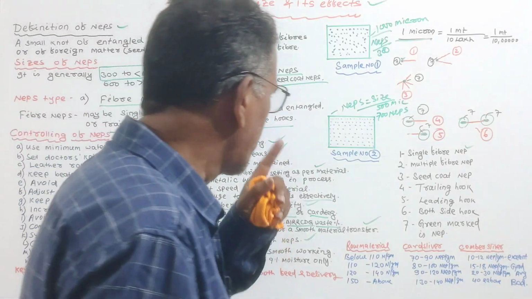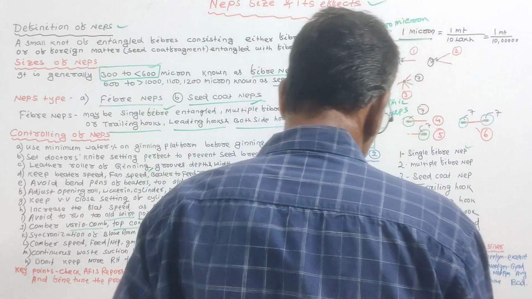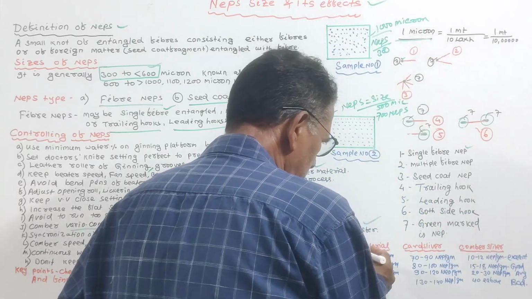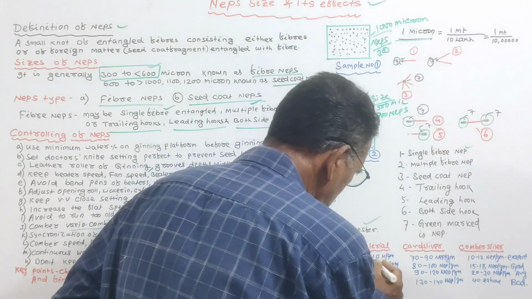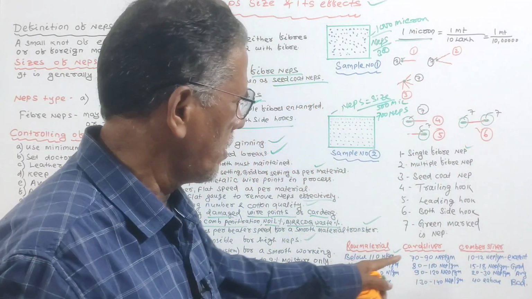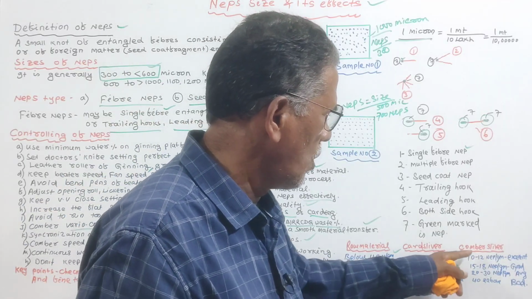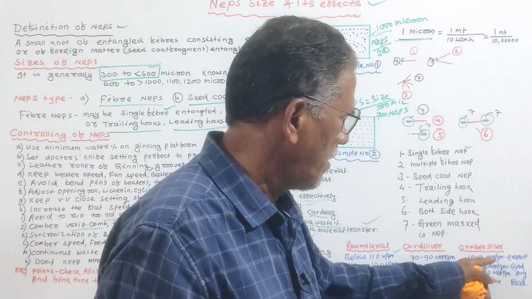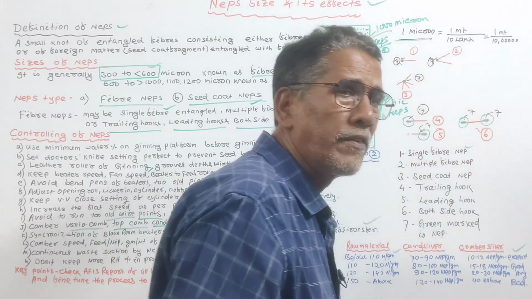Okay. Another thing you see, for example, I am talking about raw material, meaning your ginning material. Suppose below 110 naps per gram in raw material, then carding sliver 70 to 90 naps per gram, comber 10 to 12 naps per gram. That is excellent in the process.